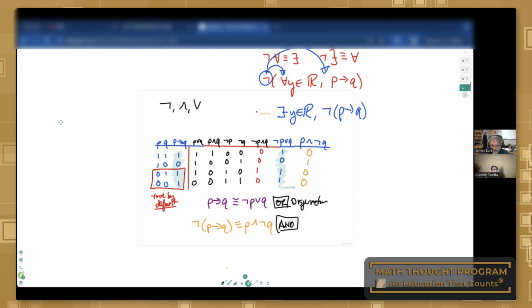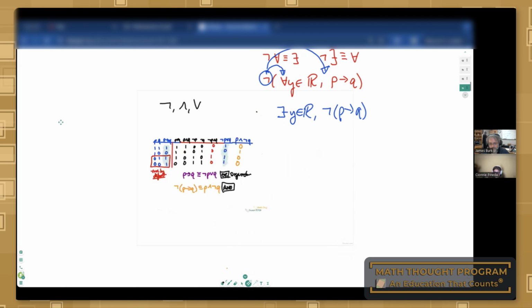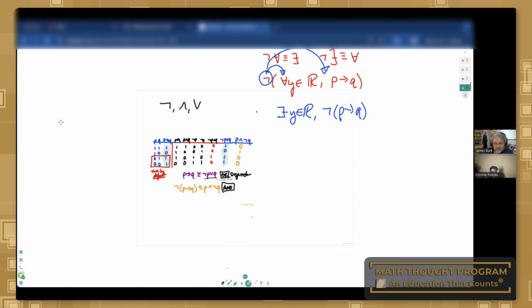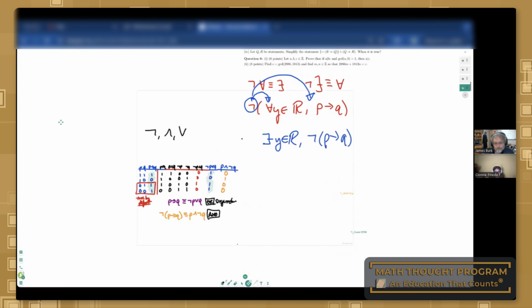Go ahead. Just a clarifying question. When I read a statement like this, that negation is only applied to P, right? That's correct. Okay, just so that I don't include both. And my other question was, do we treat this like a distribution?